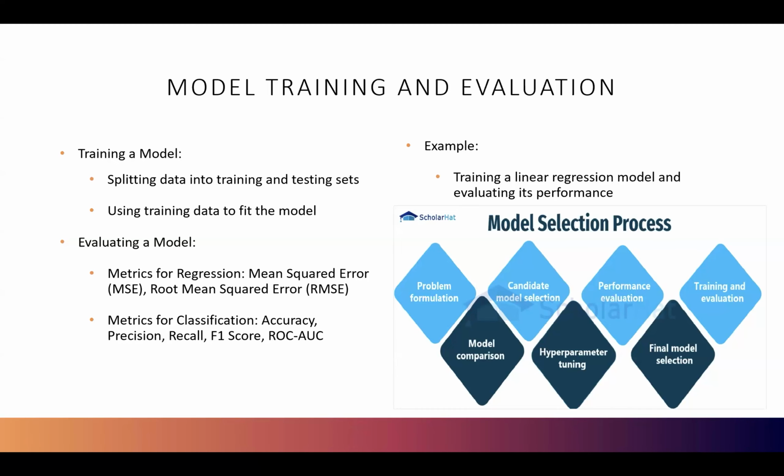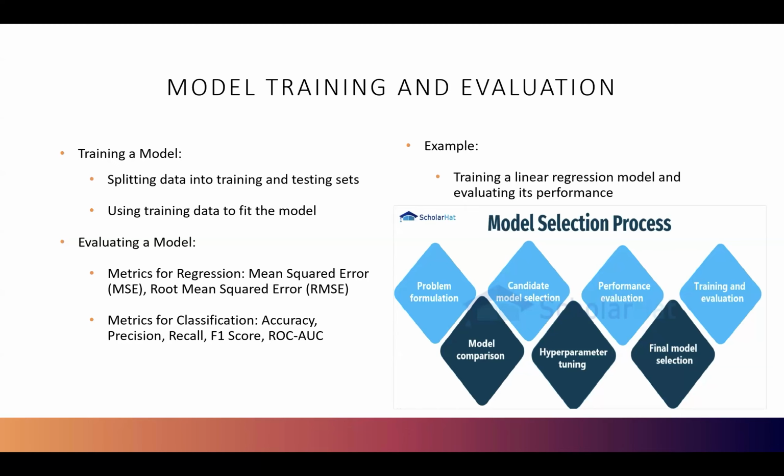Then evaluating the model. Because of the nature of how regression or classification happens, the way we measure or evaluate the model is very different. With regression, you use mean square error or root mean square error, and there are really others, but these are some of the most common ones.